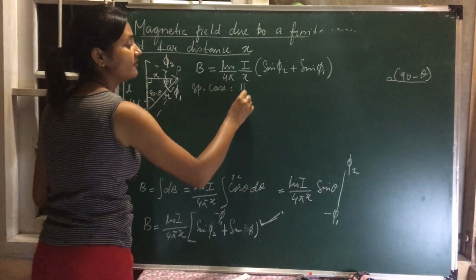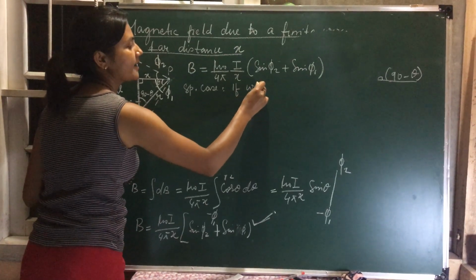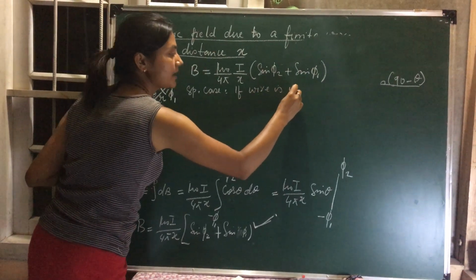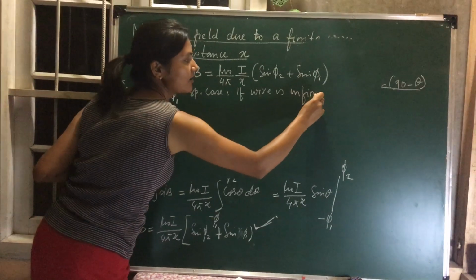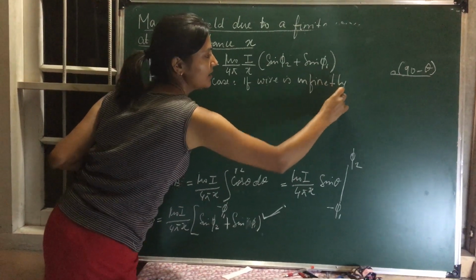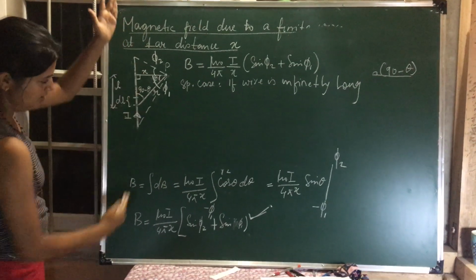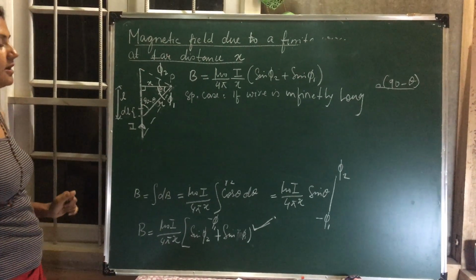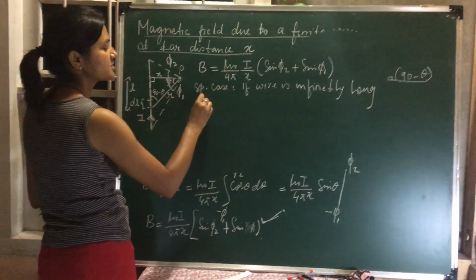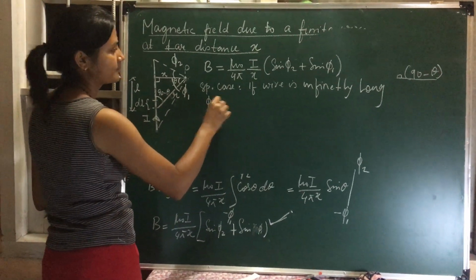If the wire is infinitely long, very, very long, extremely long, can you tell me how much phi 1 is?